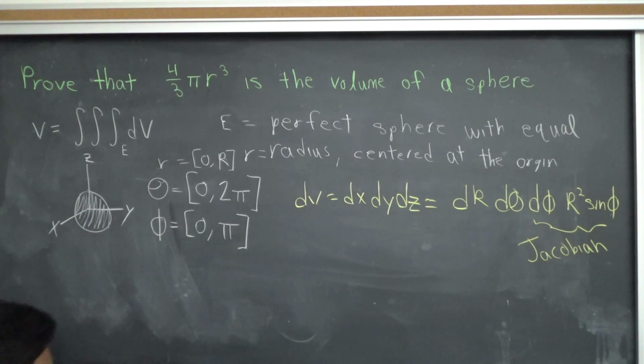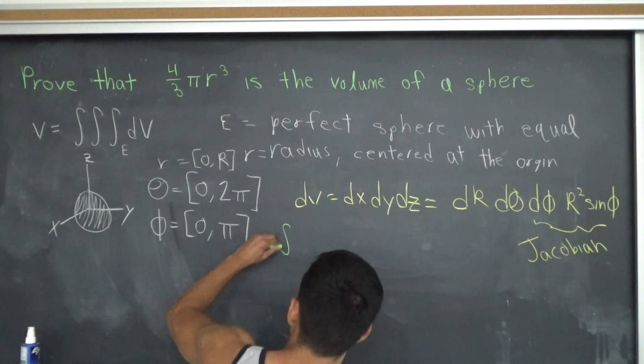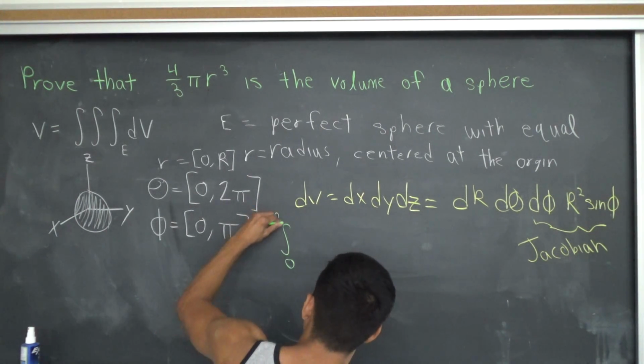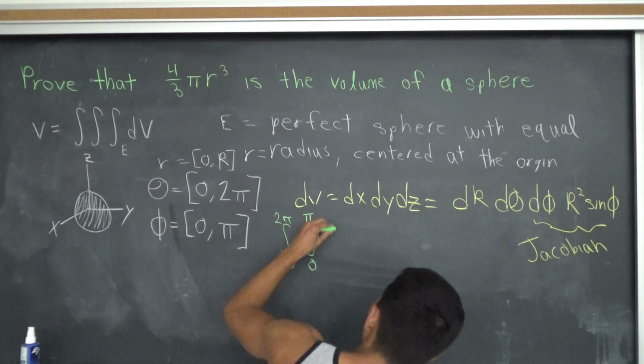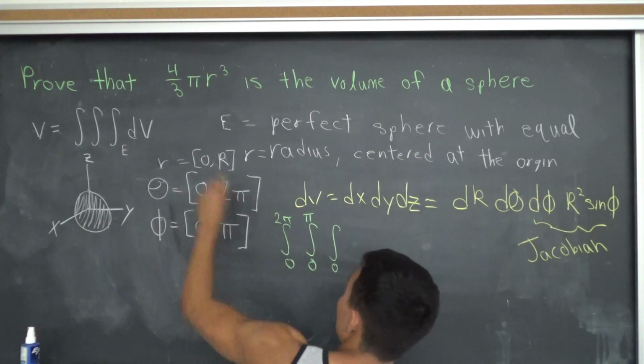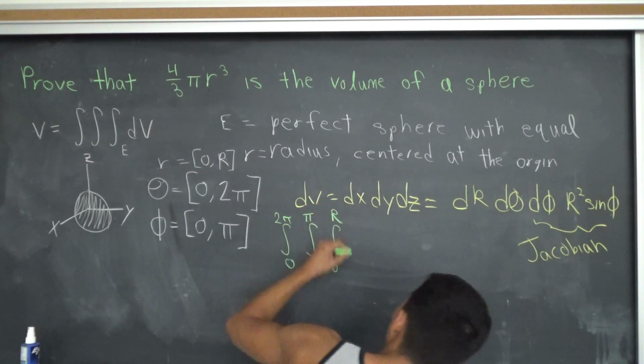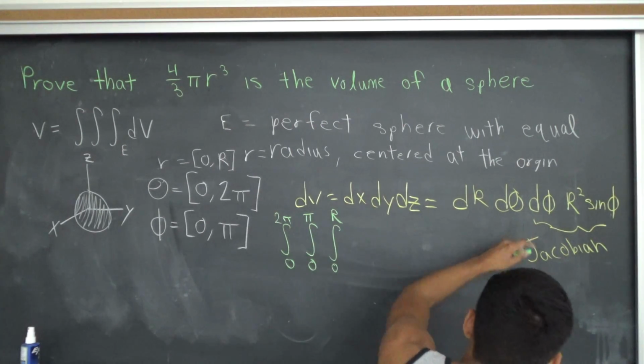So now, when we write our integral, it'll be 0 to 2 pi, 0 to pi, and then 0 to big R. And then dV, we're going to replace with this stuff.